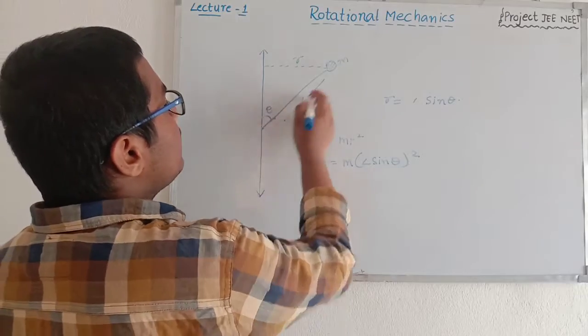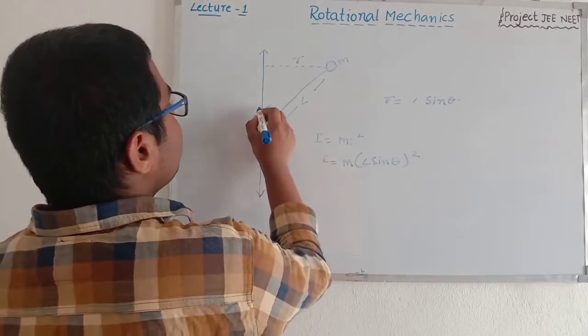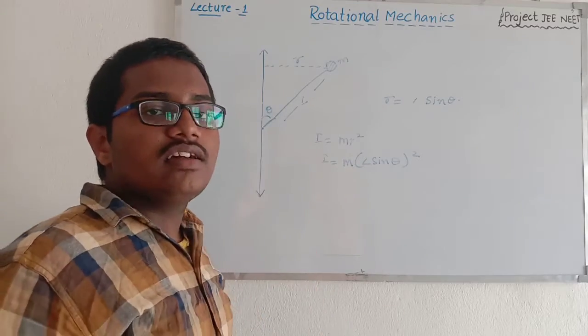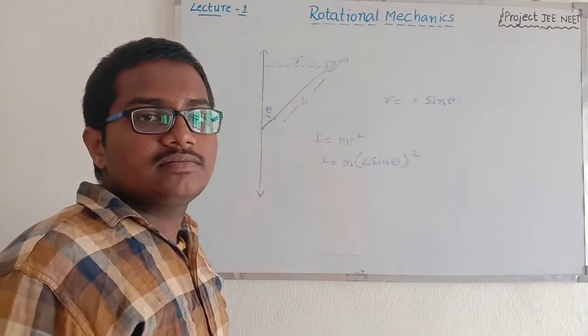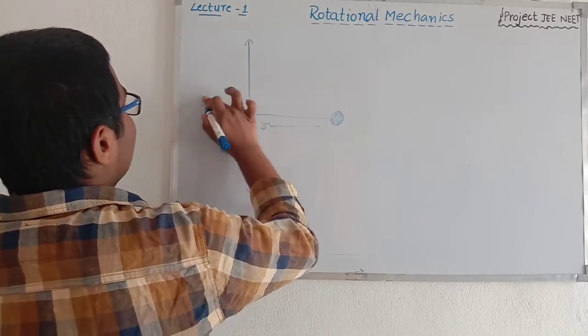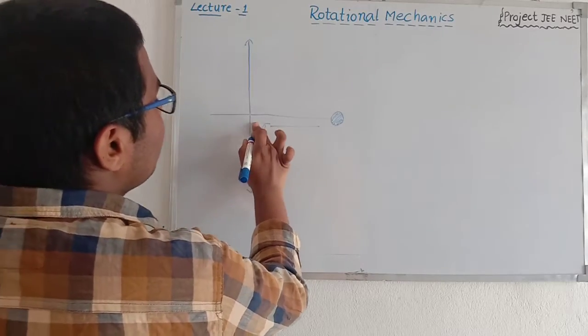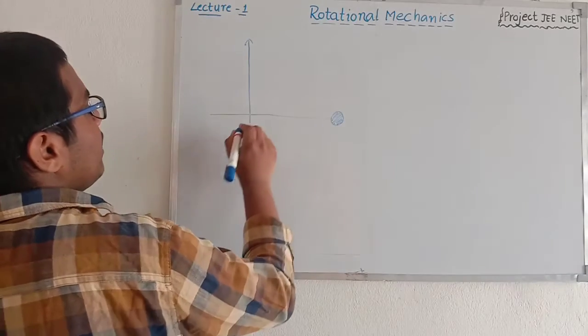If you know the length of this distance, which is not perpendicular, and if you know this theta, then you will easily calculate the moment of inertia for these types of cases. So now let's draw another type, which is also considered a problem and also a result.